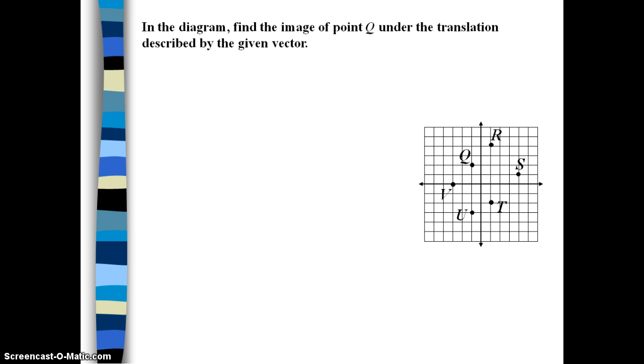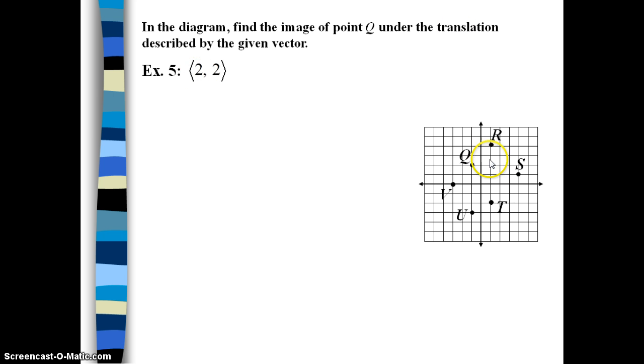In the diagram, find the image of point Q under the translation described by the given vector. So what these directions are telling us to do is start at point Q, then follow the translation to the next letter.